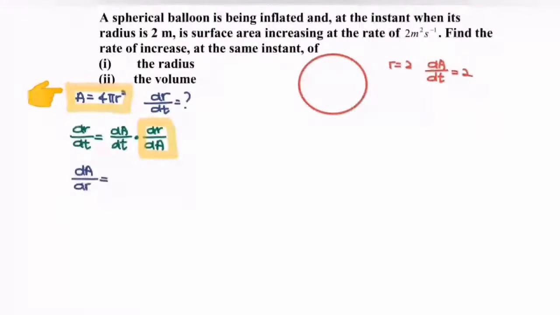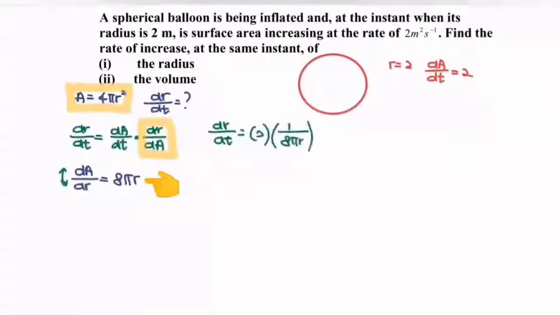Kindly substitute the situation into the formula where we have dr/dt is equal to 2 multiplied with, do remember to flip the situation, 1 over 8 pi r, where the r is equal to 2. Rewrite the situation, 1 over 8 pi r multiplied with the 2.